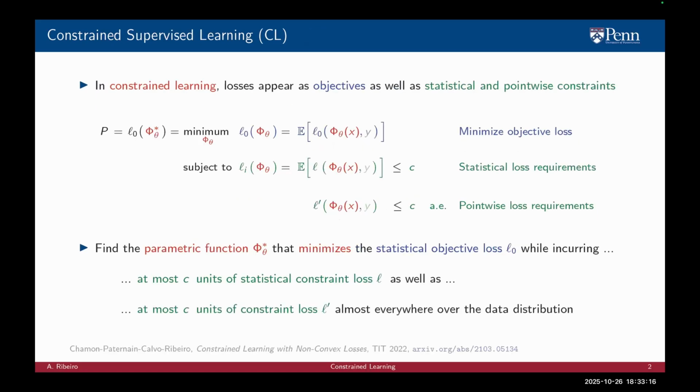Thus, in regular learning, you want to find a parametric function that minimizes some statistical objective loss while incurring at most C units of statistical constraint loss L and C units of constraint loss L prime almost everywhere over the data distribution.